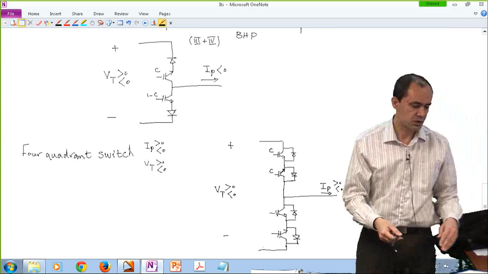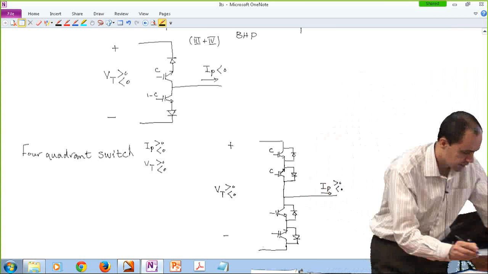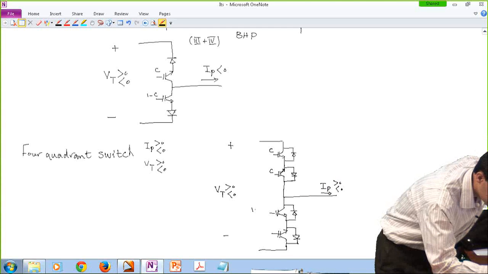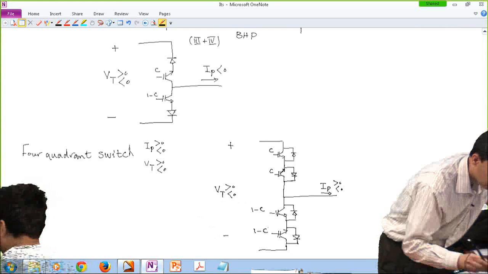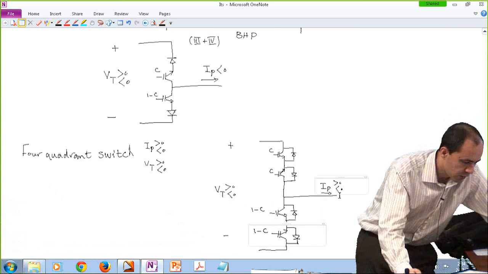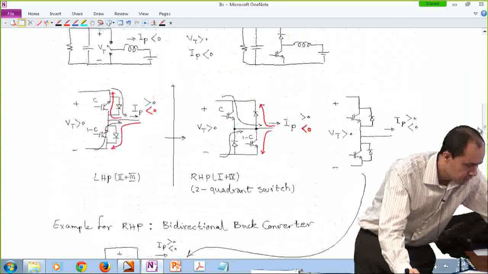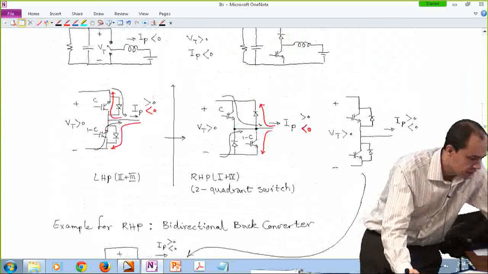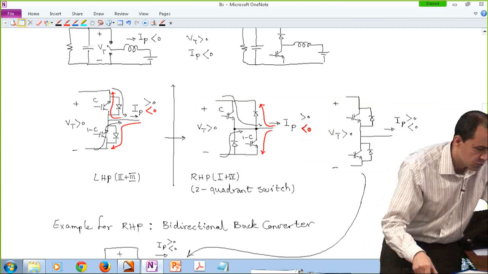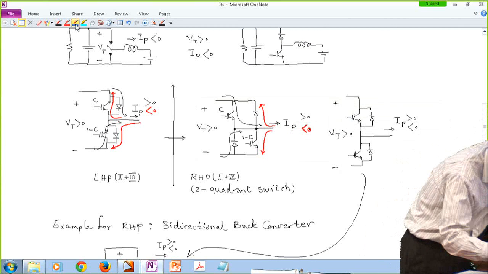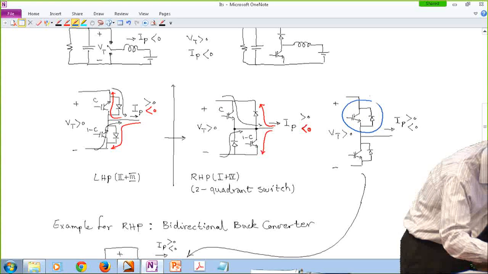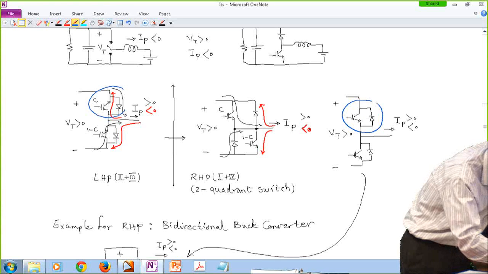Okay, so this is what we have, and these commands are 1 minus C. So what I have done here is I am trying to combine the right half plane and the left half plane. So I'm getting this element over here and then putting it in series with this guy.